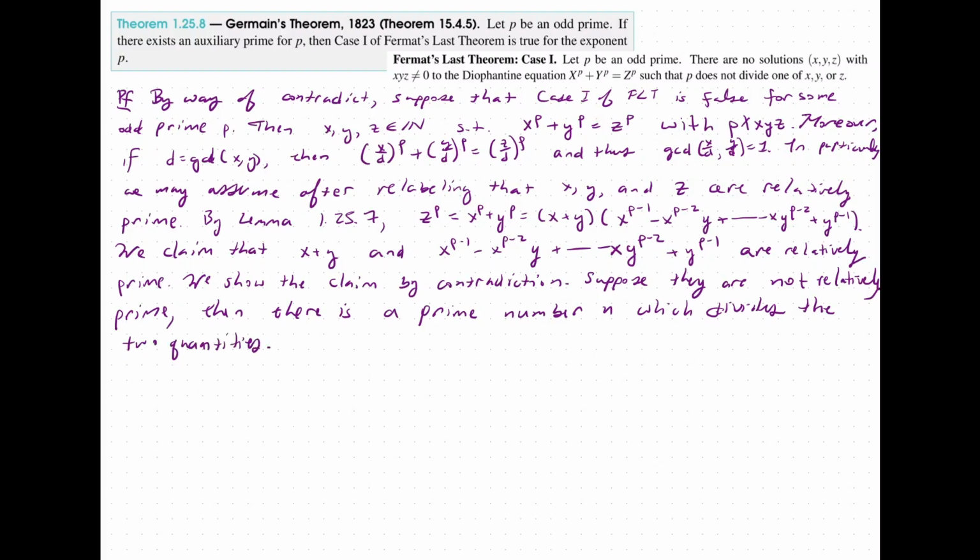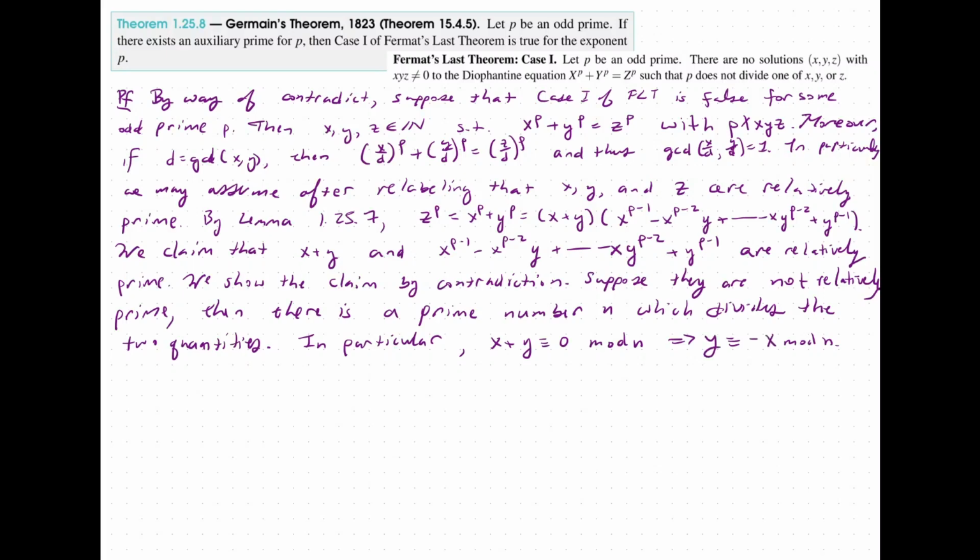So in particular, since it divides them, we have that x plus y is congruent to 0 mod n, which tells us that x must be congruent to negative y mod n. But we are working modulo n. So what if we go ahead and substitute? And actually, for the substitution, just to make things nicer, let's go ahead and switch this around to y congruent to minus x mod n.